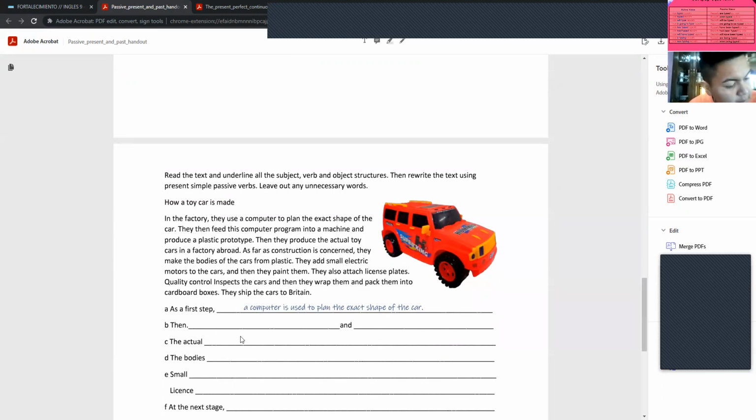Para la próxima clase ya te voy a poner las otras estructuras, de presente continuo y pasado continuo. Y estúdiate bien los verbos en pasado participio, porque es donde te está fallando, y las formas del verbo to be en singular y plural.